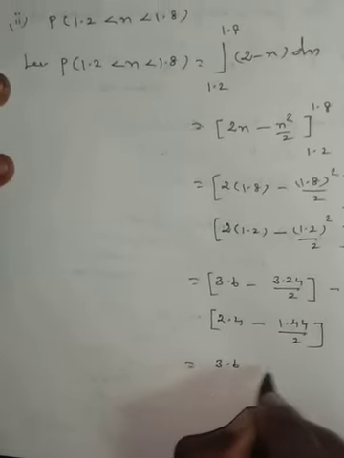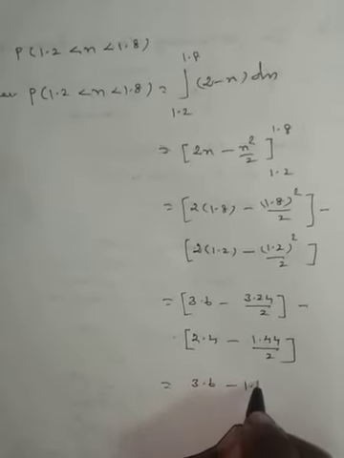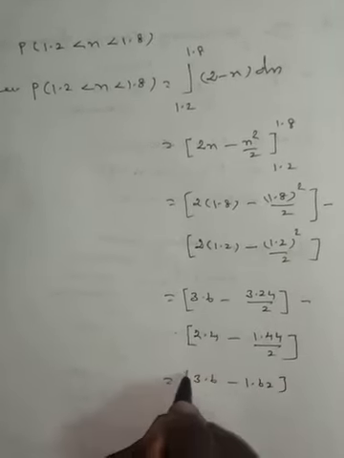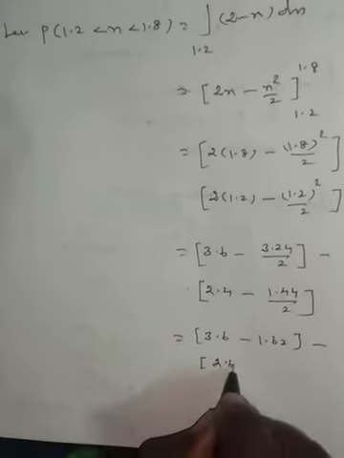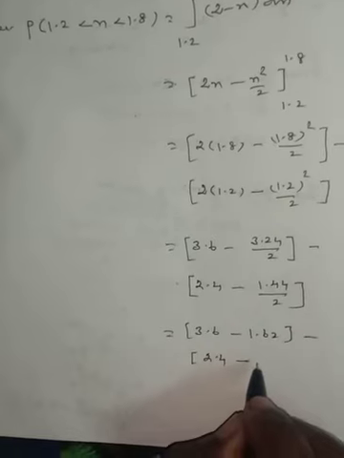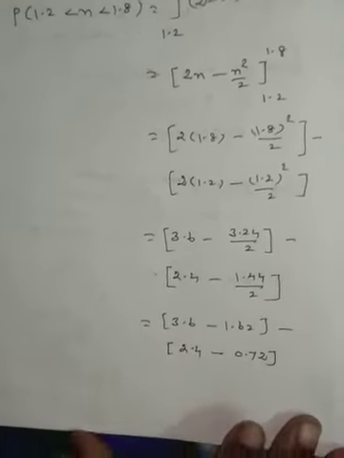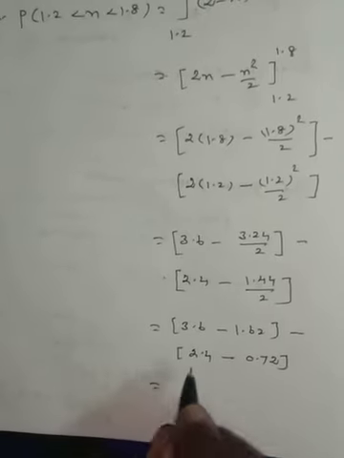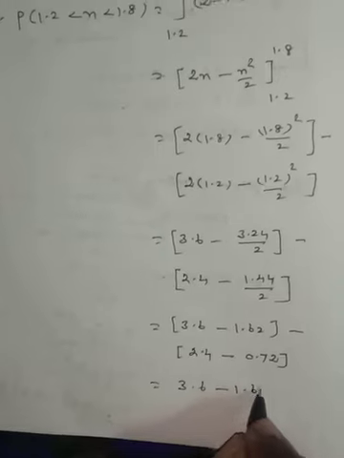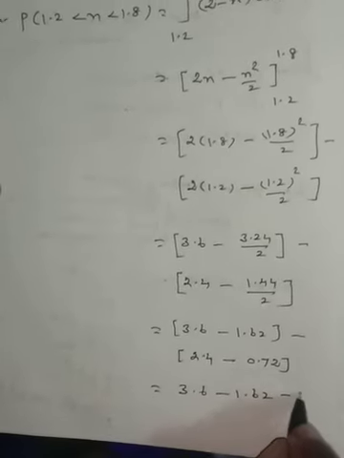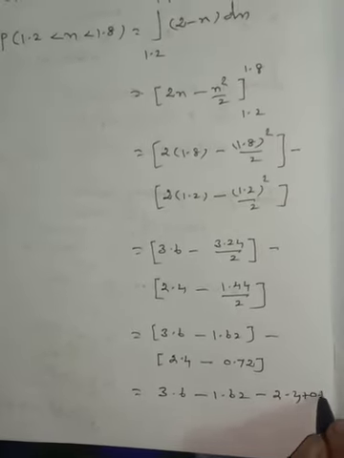That is equal to 3.6 minus 1.62 minus 2.4 plus 0.72.